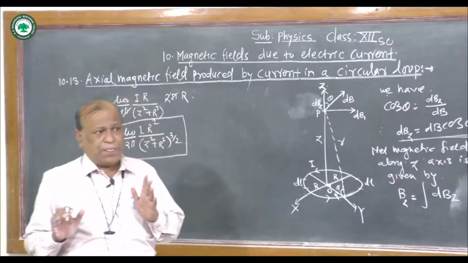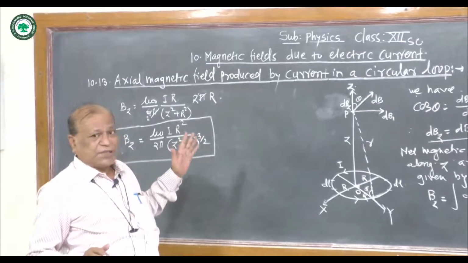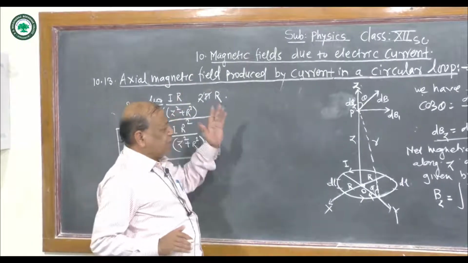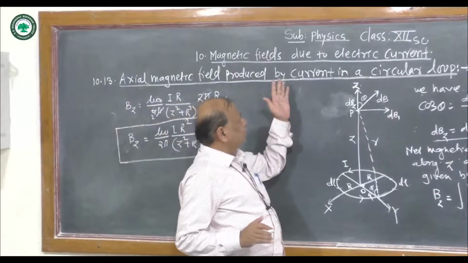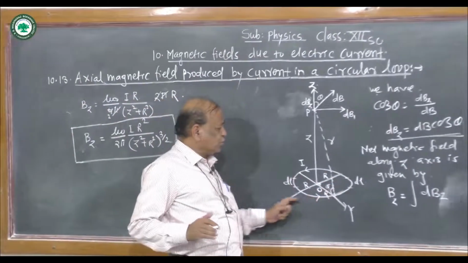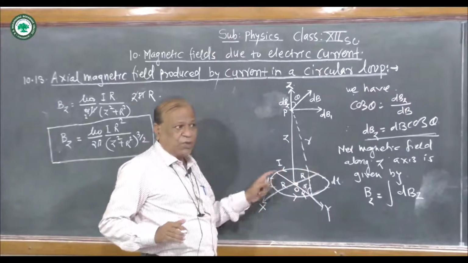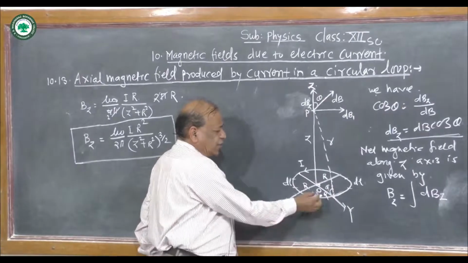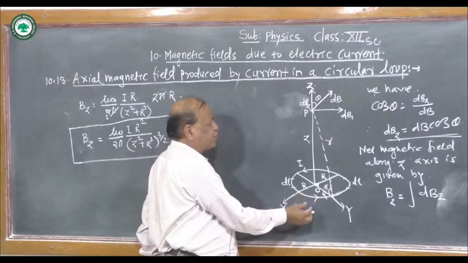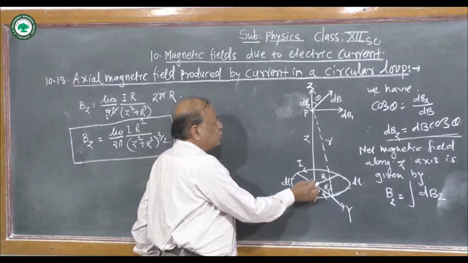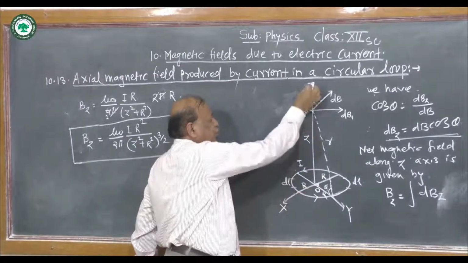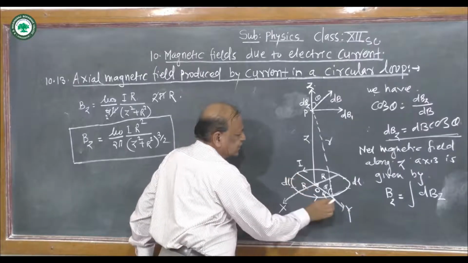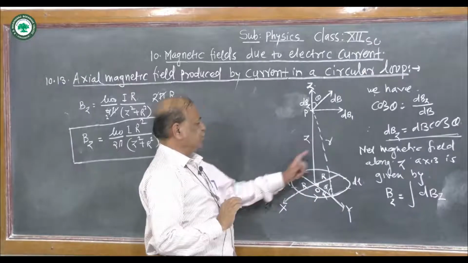In short, I will explain this expression again. We have to find the axial magnetic field due to the current flowing through this circular loop. Consider a circular loop of radius R having its center at point O, and draw OZ, OX, OY, where OX and OY are the diameters of this circular loop.